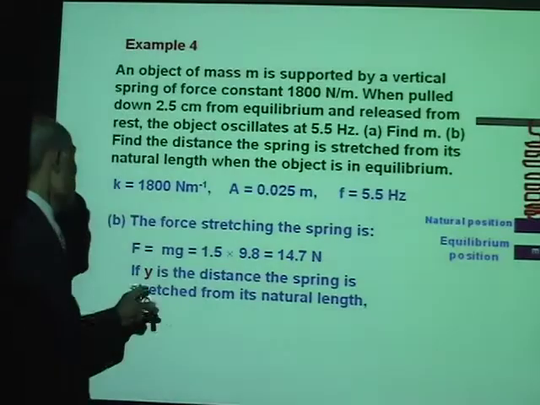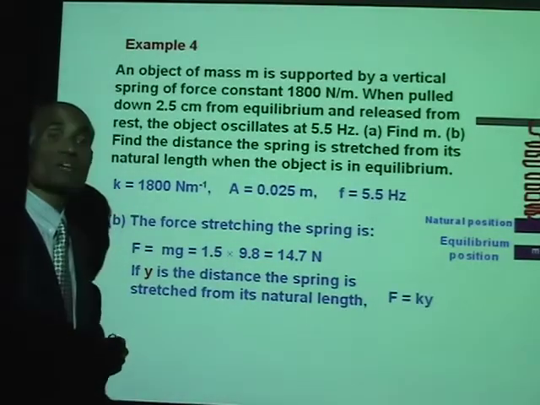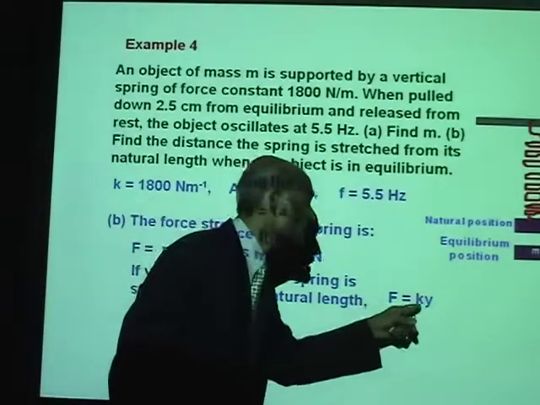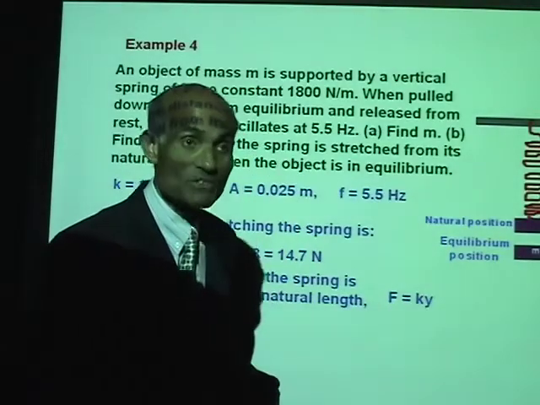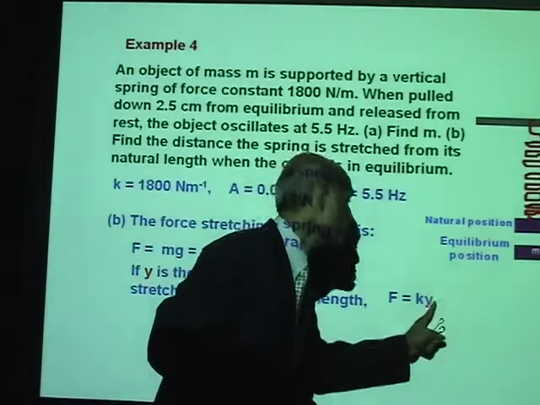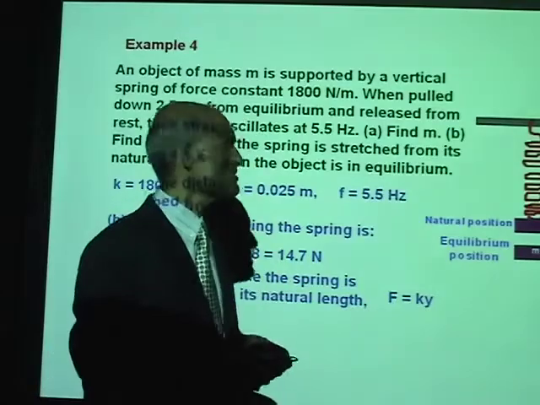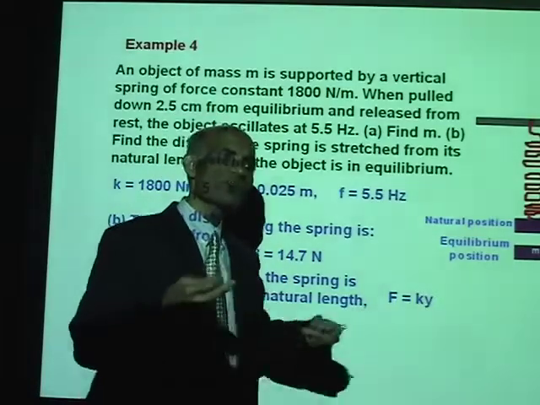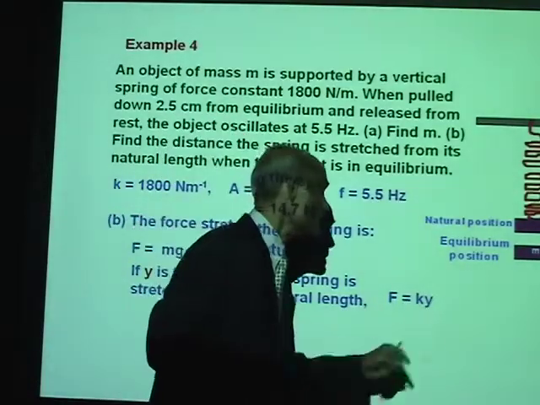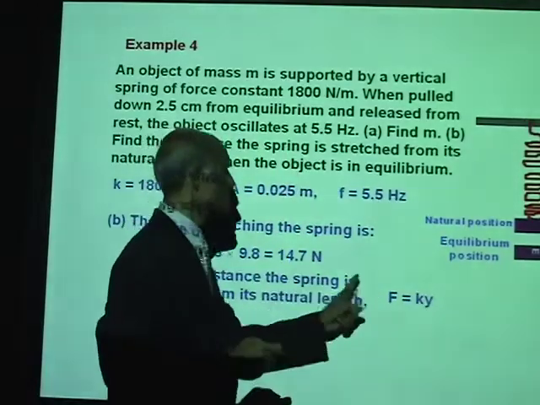Well, if y is the distance the spring is stretched from the equilibrium position, F equal to ky. Is that right? The stretching force is proportional to the displacement. But I haven't used the negative sign yet because we only are interested in the value here. So F equal to ky, you now know F equal to 14.7 Newton.